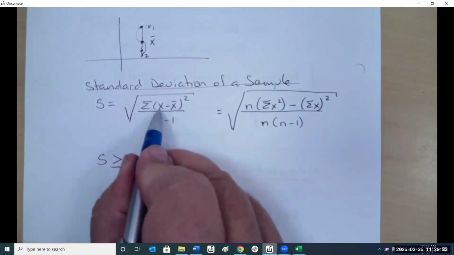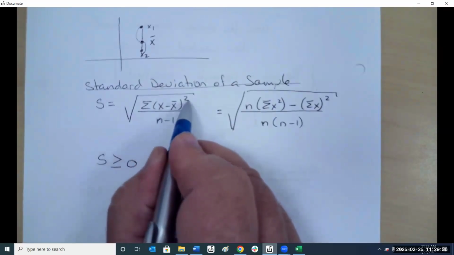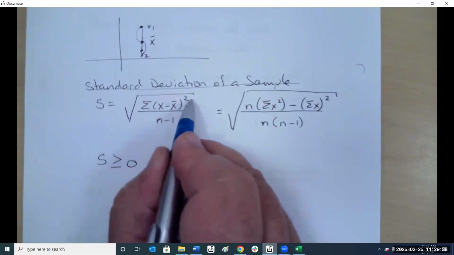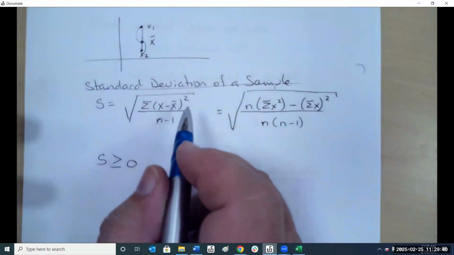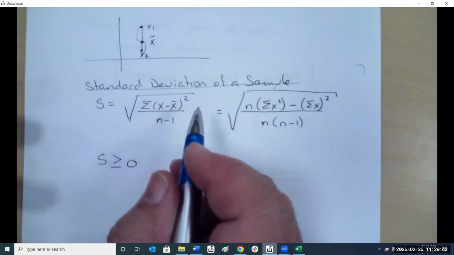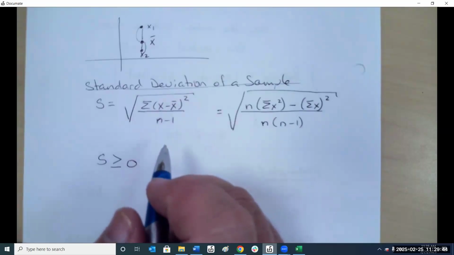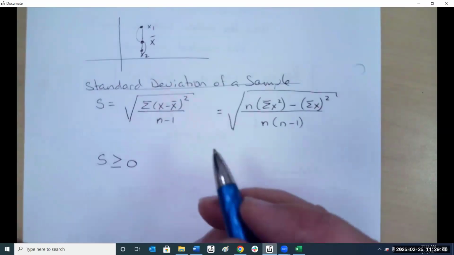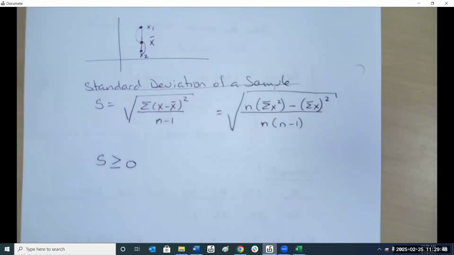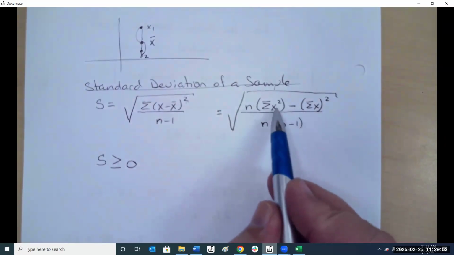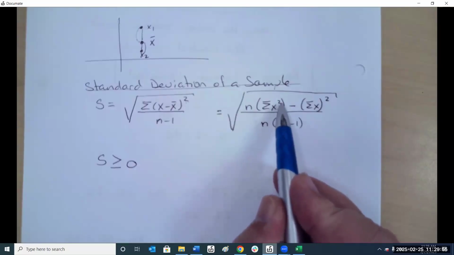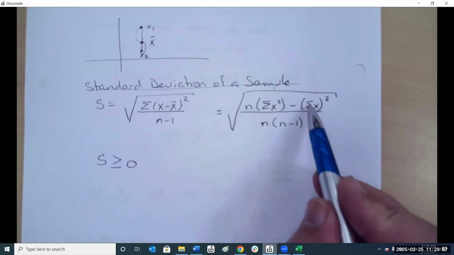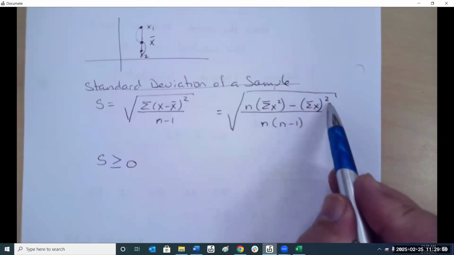Because even if you have a negative number here and you square it, what happens to that number? If you take -2 and square it, what do you get? -2 times -2 is +4. So when you square it, it always comes out to be positive. And these right here, x squared is positive. So when you add up all your positive numbers, the summation comes out to be positive.